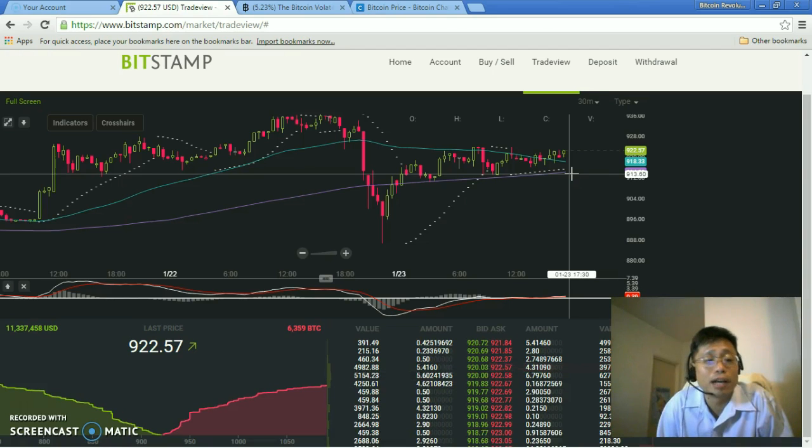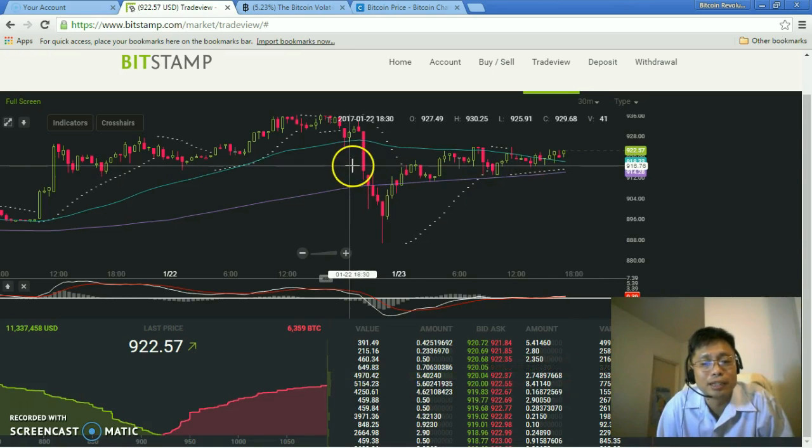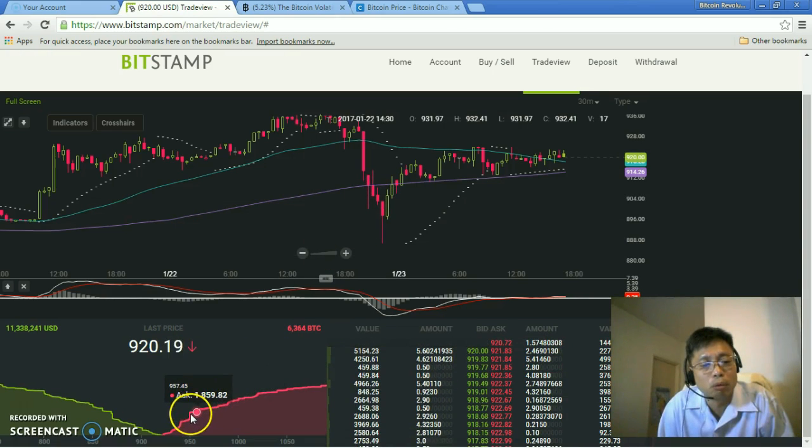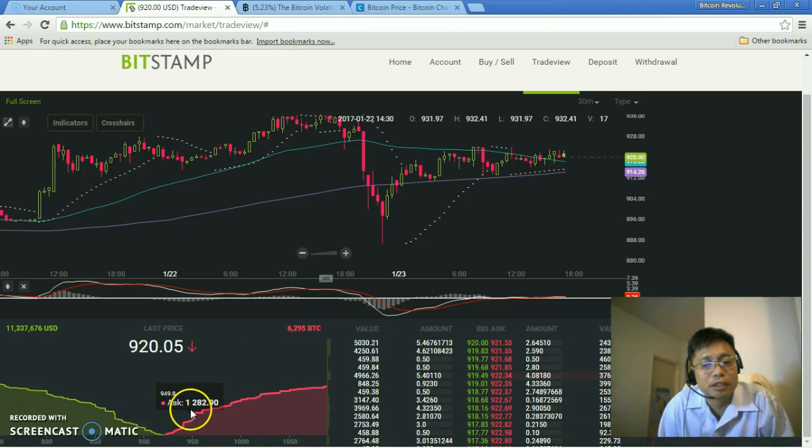Now, as far as resistance is concerned, interestingly enough, before yesterday's major retracement, we did have a resistance wall here, as you can see, at 950. But after the retracement, the wall is still there. Resistance would still be at 950, at least over at the Bitstamp market.